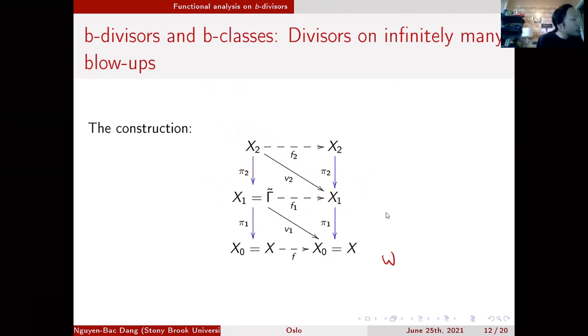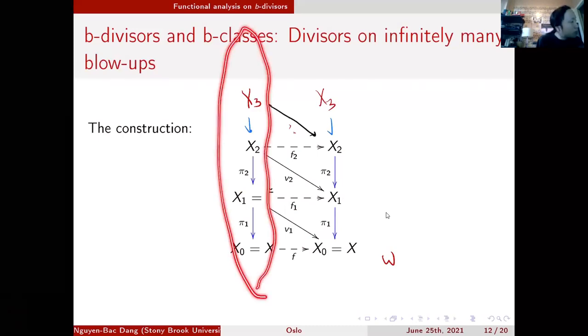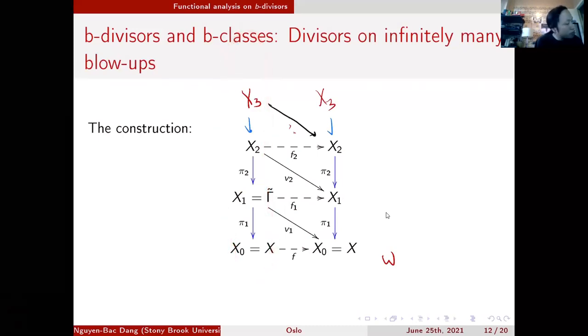And you continue the construction, and so you will get X3, some birational map here, and some induced mapping here, diagonally. And so this is my tower of blow ups. I construct a tower of blow ups that depends on F.